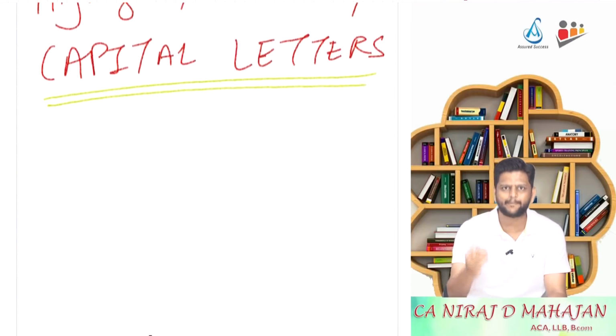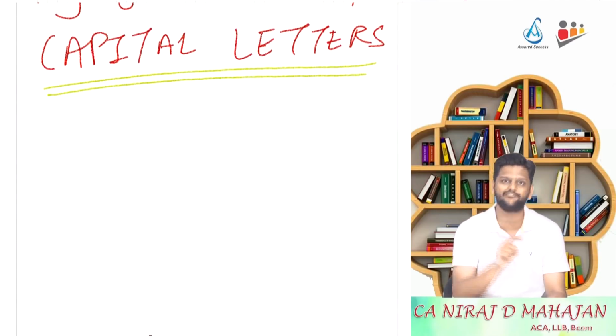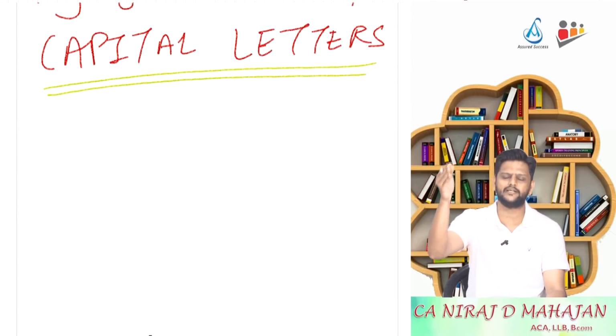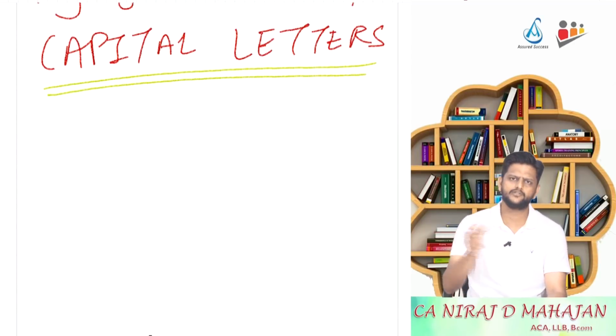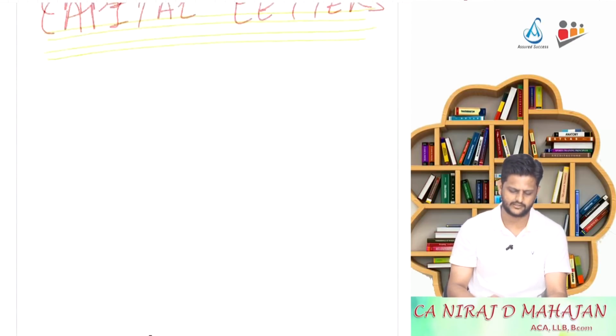It gives an impact on the paper checker that you know what you have written and you are confident of what you have written. So you are trying to make his work easier. Instead of reading each and every word, which is going to take lots of time, you just highlight whatever is most important in your answer. So tip number 2 is what? Highlight your important words in the entire answer.